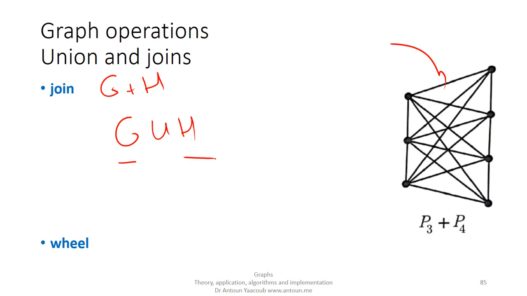So if the graphs have m and n vertices, we must add m multiplied by n edges. So we are adding all the edges between the two sets of vertices.